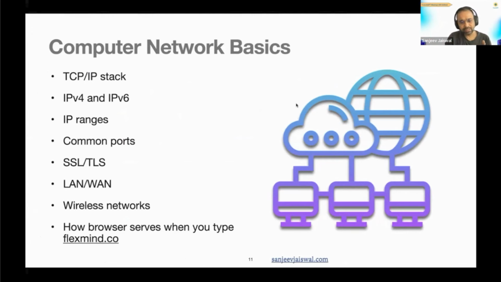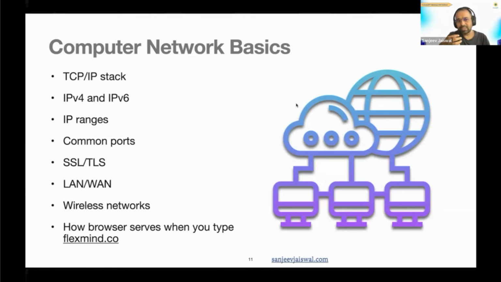And without computer networks, maybe one or two fields will be there where you might get success in cybersecurity. But without basic networking knowledge, you might not get success even in application security, or nowadays even in Gen AI security or cloud security. Whatever happens in cloud is networking, right?